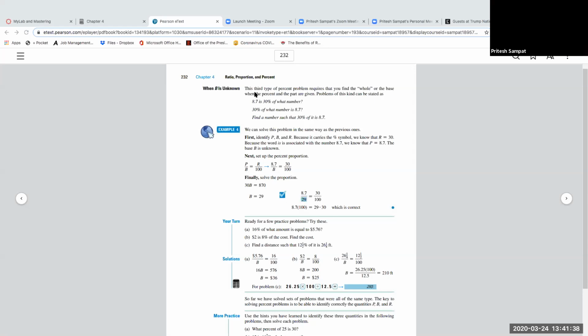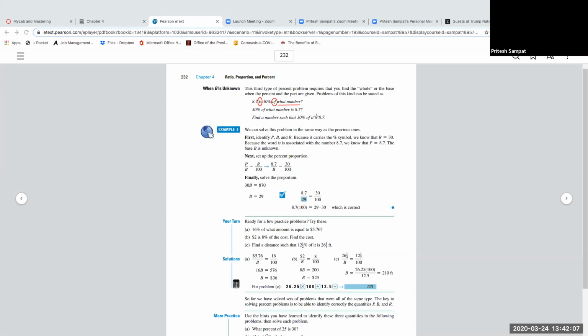Now with this arrangement, they're still using is and of, and you can see how that arrangement gets switched around. And it can get a little confusing. I mean, this is kind of standard where we had 8.7 is 30%. And in this case, they say of, but of is indicated by of what number. So what number, they're indicating solve for base.